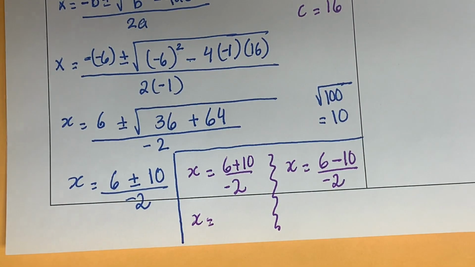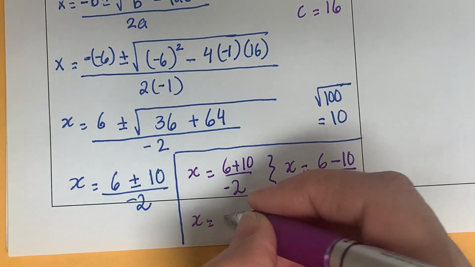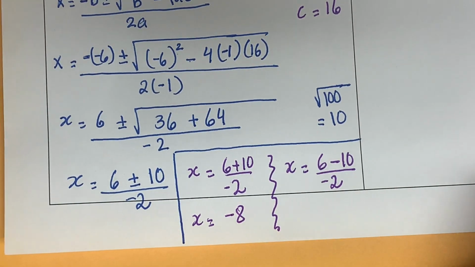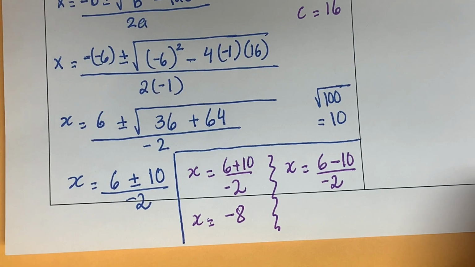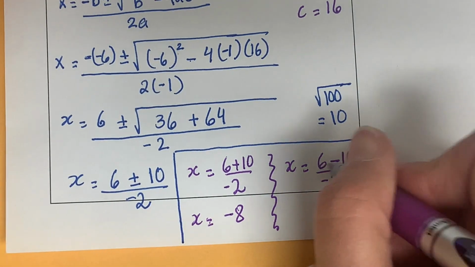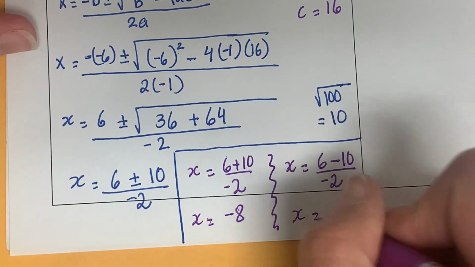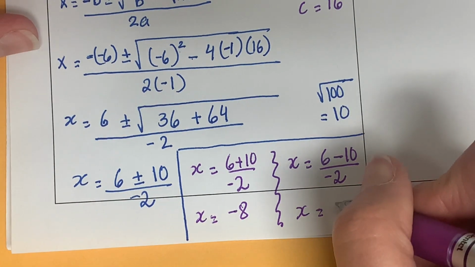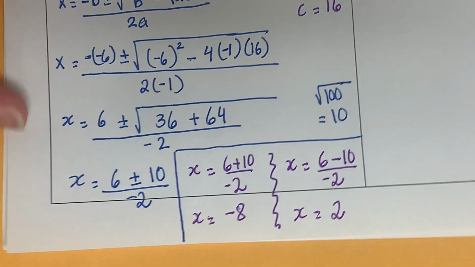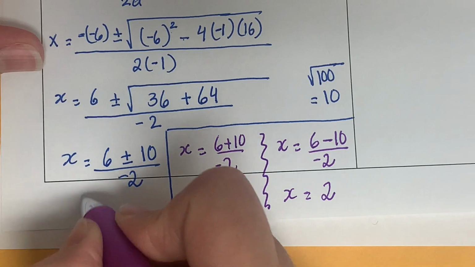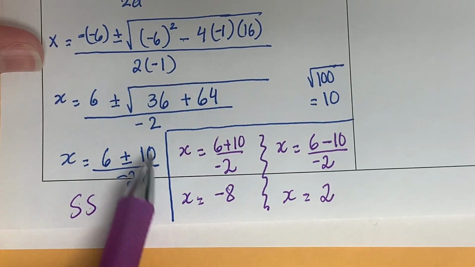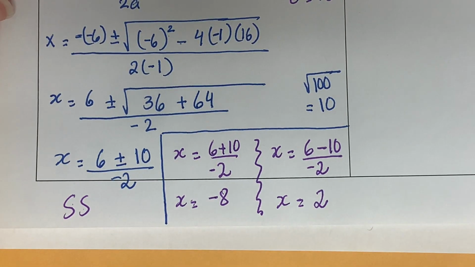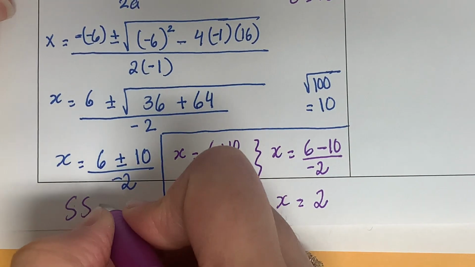6 plus 10 is 16. 16 divided by negative 2 is negative 8. You can simplify in calculator, or you can just do the math by yourself. This is negative 4 over negative 2. So that should be positive 2. So this one was simpler because you had the whole number over here, so you didn't have a big mess to work with.